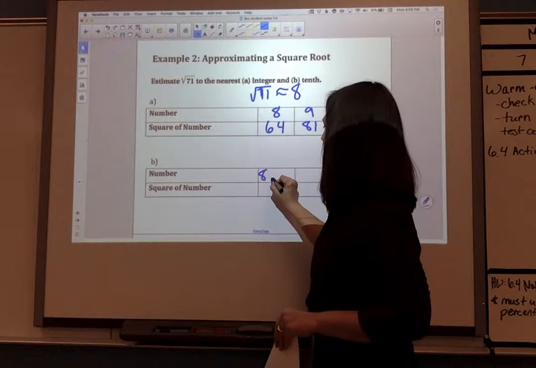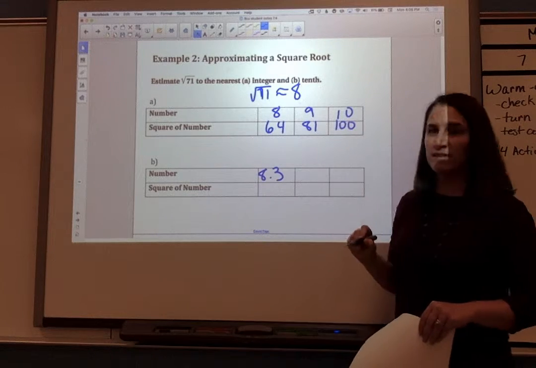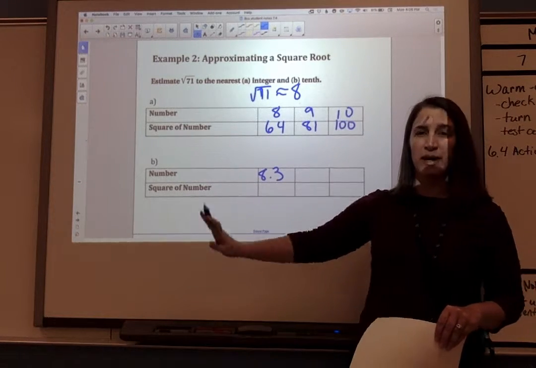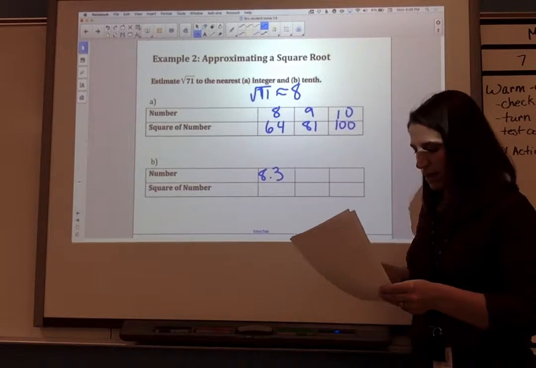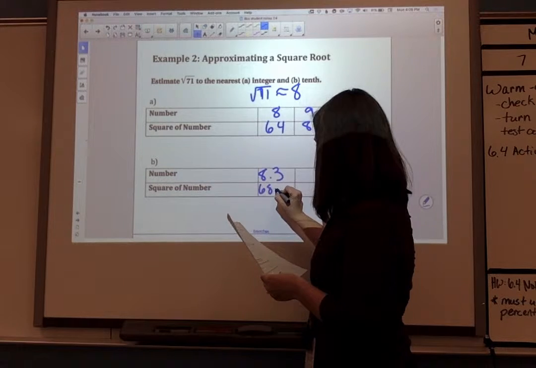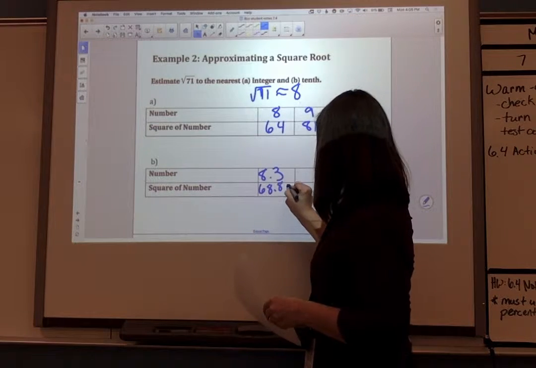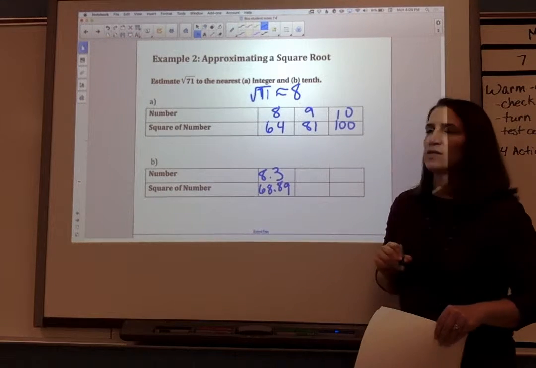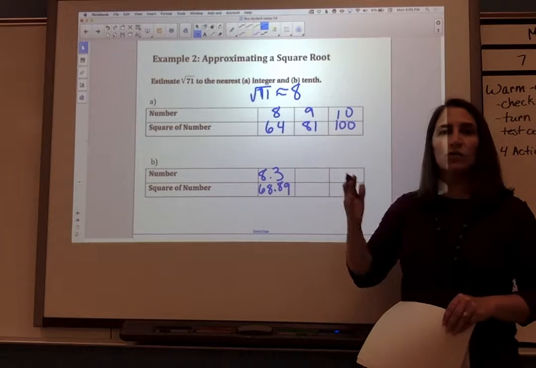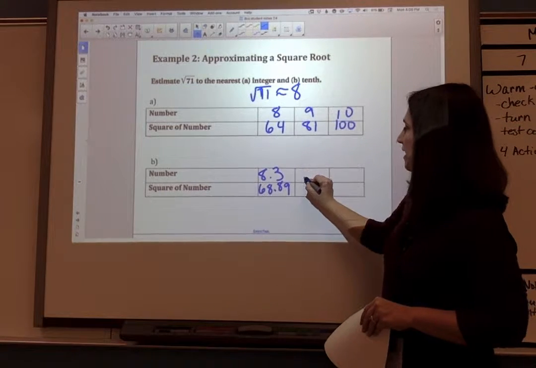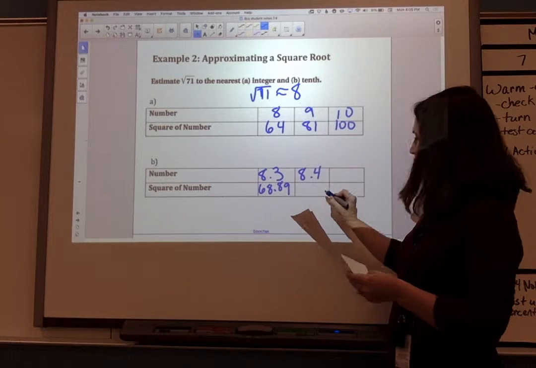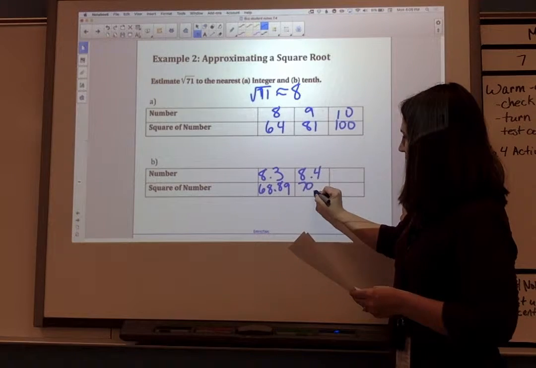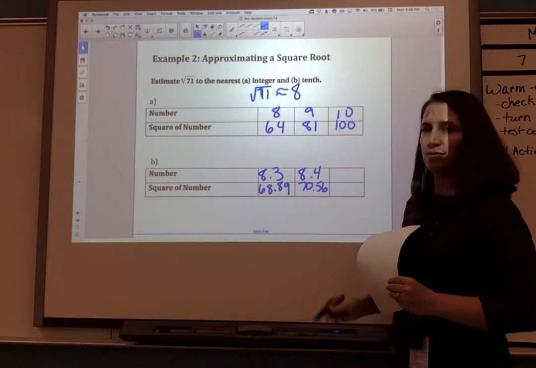So let's start with 8.3. And this is where you have to use a little bit of long division. I'm not going to do it here, but you multiply 8.3 times 8.3, and you're going to get 68.89. So we're a little low. So let's try our next tenth. That's 8.4. Multiply 8.4 times 8.4, and it's 70.56.